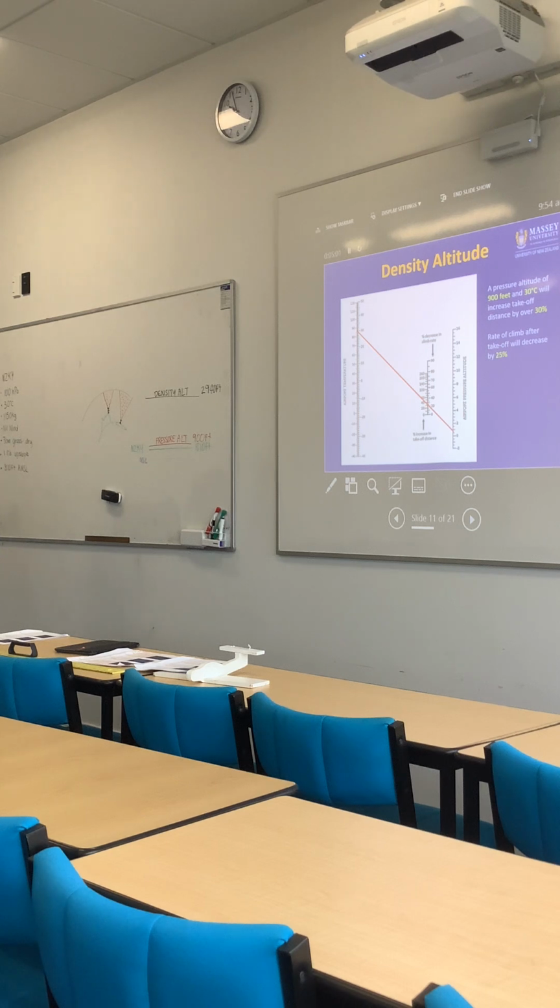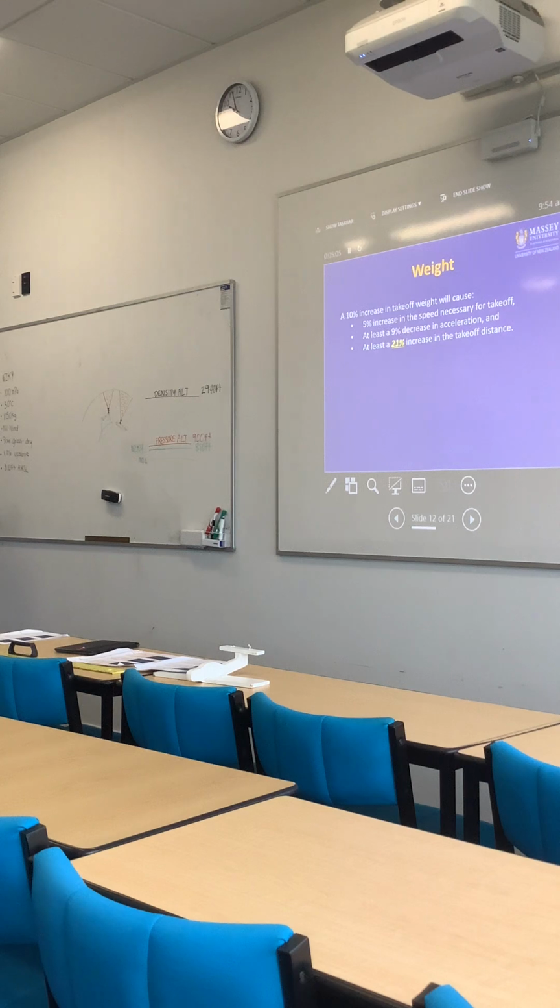Here's some interesting figures for you. So have a look at that. It doesn't take much of an increase in weight to have a significant impact on the aircraft performance. An effect on the speed necessary to get airborne, an effect on the acceleration, and a very big effect on the distance required to get airborne.